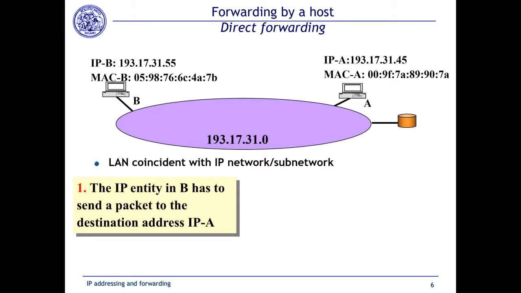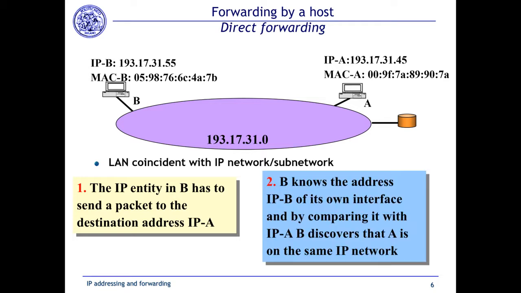So the IP entity of B knows the IP address of A. The IP entity of B also knows the IP address of the interface that is connecting B to the network, so the local interface.